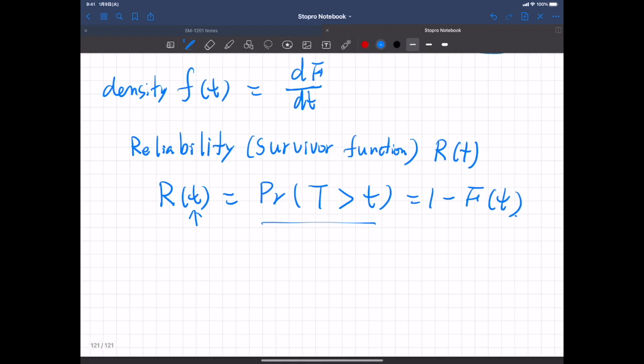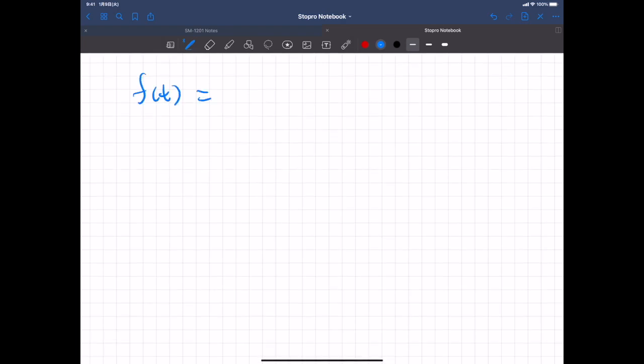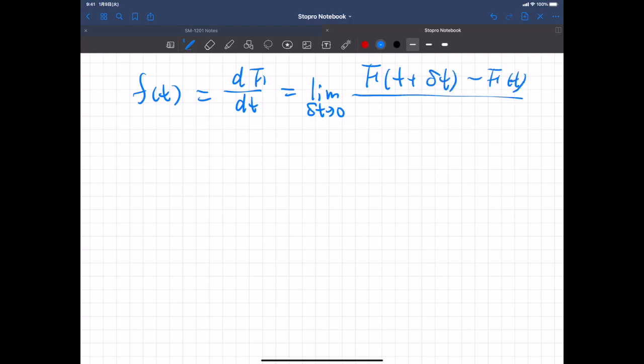And let's go back to the definition of this derivative. So the density function here is given by this derivative. By the definition of derivative, we have delta t going to 0, F of t plus delta t minus F of t, over delta t. So this is going back to the definition of the distribution function.